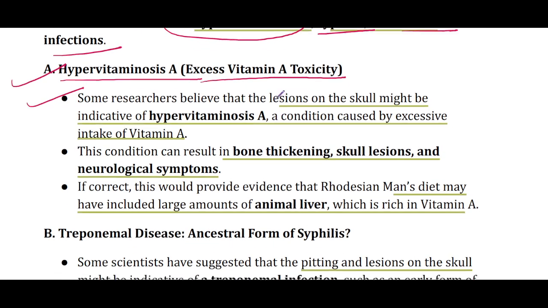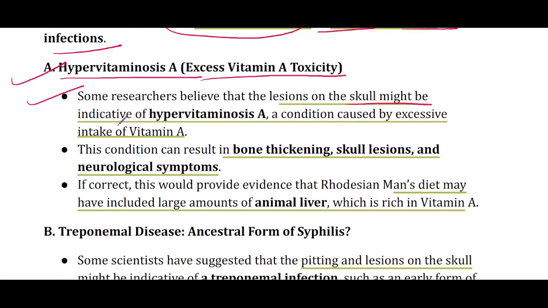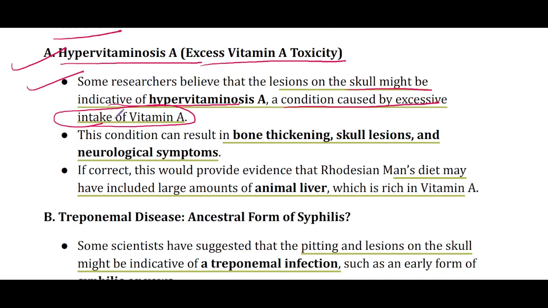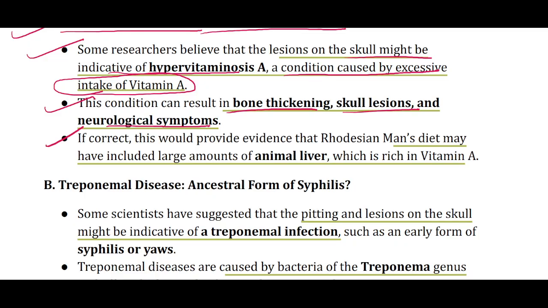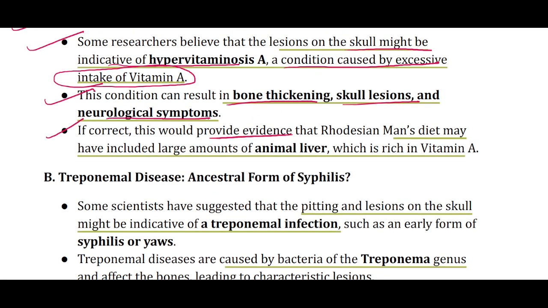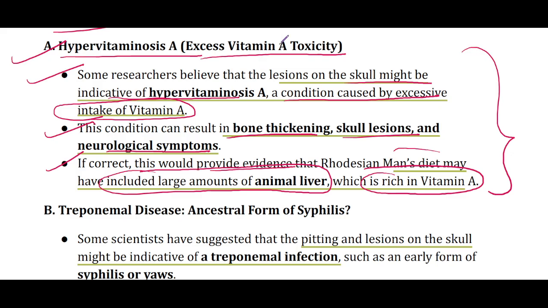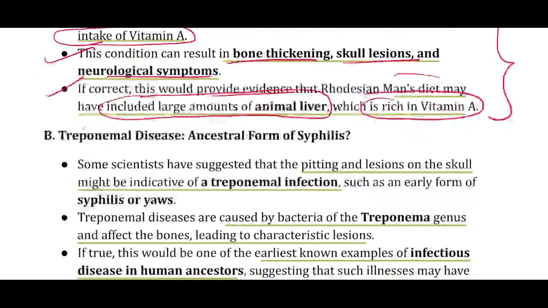Some researchers believe that the lesions on the skull might be indicative of hypervitaminosis, a condition caused by excessive intake of vitamin A. This condition can result in bone thickening, skull lesions, and neurological symptoms. If correct, this provides evidence that Rhodesian man's diet may have included a large amount of animal liver, which is rich in vitamin A, and that is what caused the toxicity.